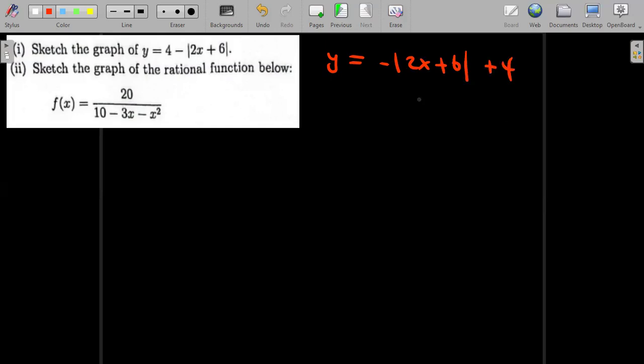So when you have it in a modulus like this, it means everything that is negative is reflected upward, so you expect something like this. Now, this is multiplying with a negative in front, so it will be inverted and it will look something like this. Then you must check your vertical shift.